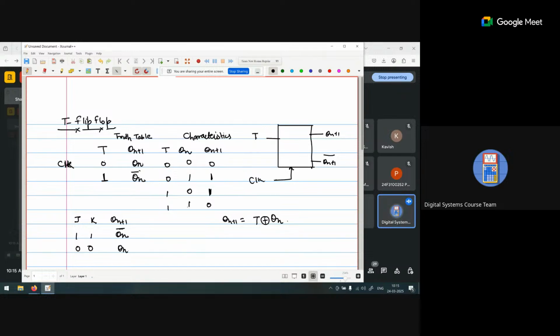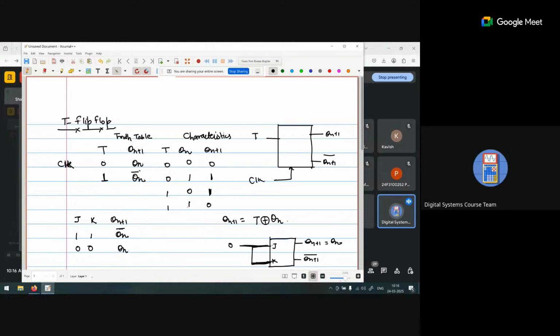So if we use a JK flip-flop as a T flip-flop, we short both J and K. When we apply 0, Q n plus 1 is Q n, because it is a JK flip-flop.